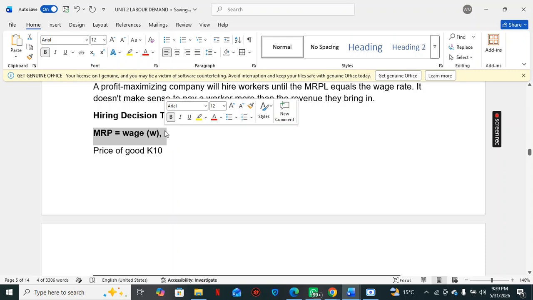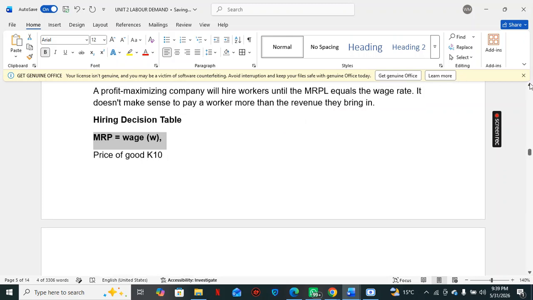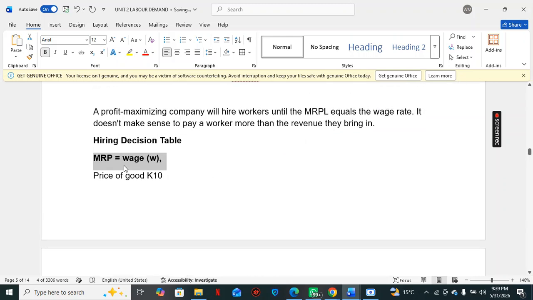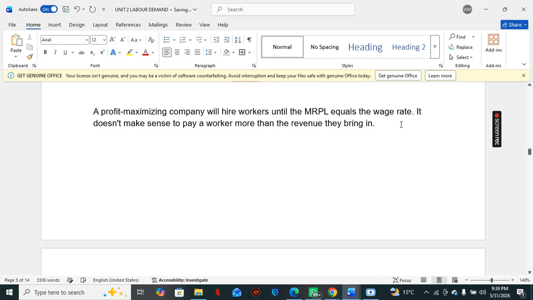That's when a company should stop hiring. You need to remember this. This is the hiring decision rule: stop hiring workers when the marginal revenue product equals the wage rate. Let me illustrate this also here.